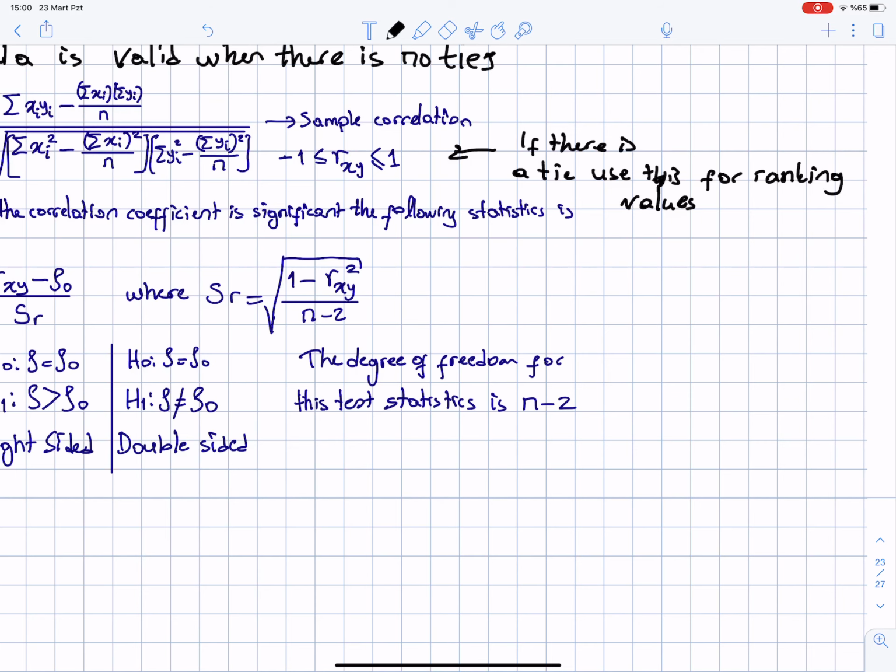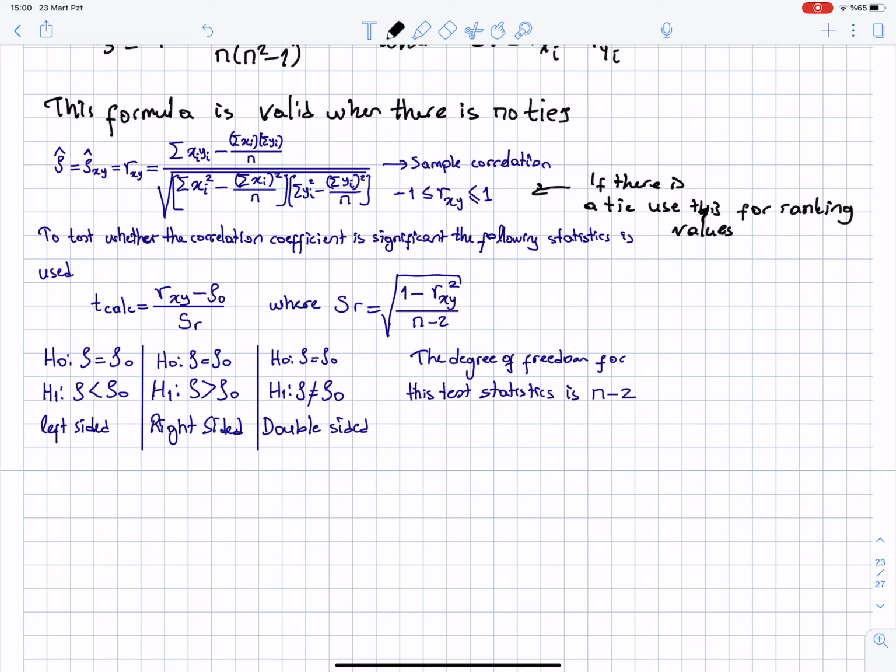You're not using the original data set, you should use the ranking. And the hypothesis is the same.